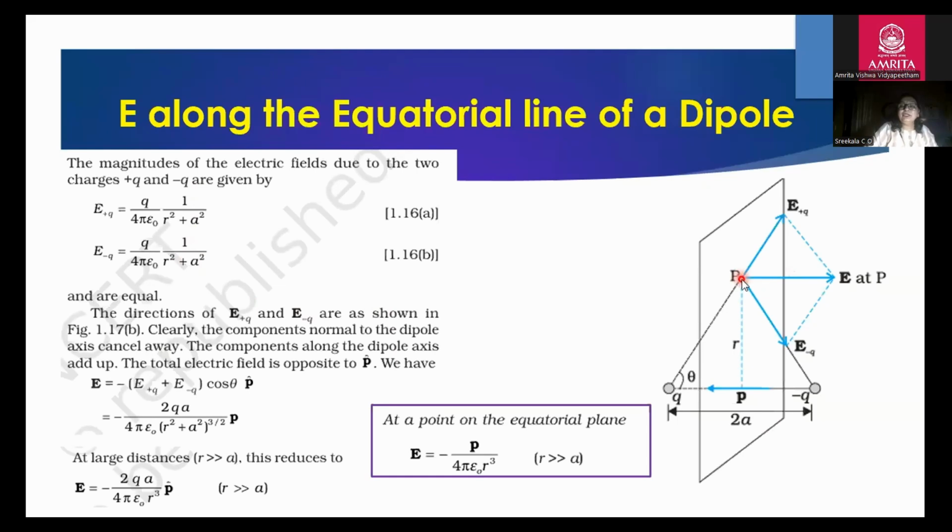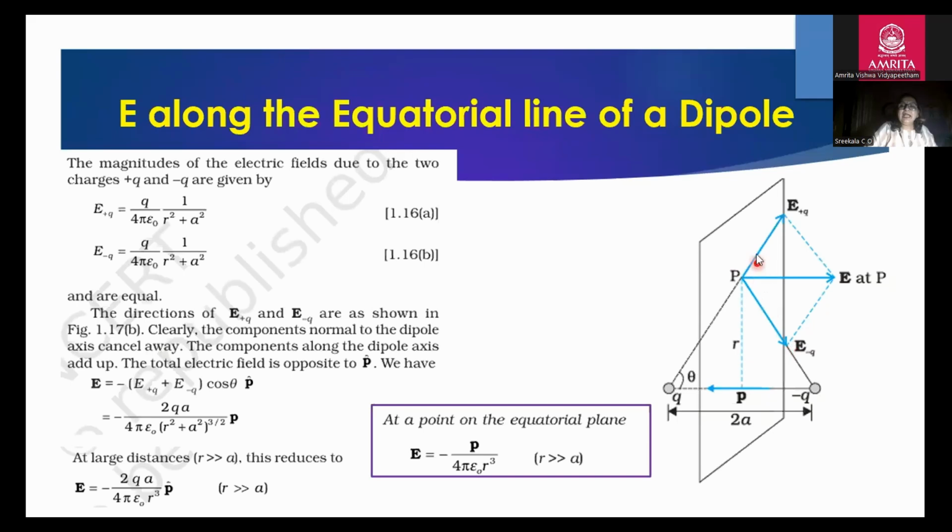If you place a positive charge here, due to plus q it will move away from the plus q charge, along this direction. Due to minus q, the positive charge will move towards the minus q charge, that is this direction. So E plus q is there, E minus q is there. Now we have to find the resultant of these two quantities. So what will be the angle?